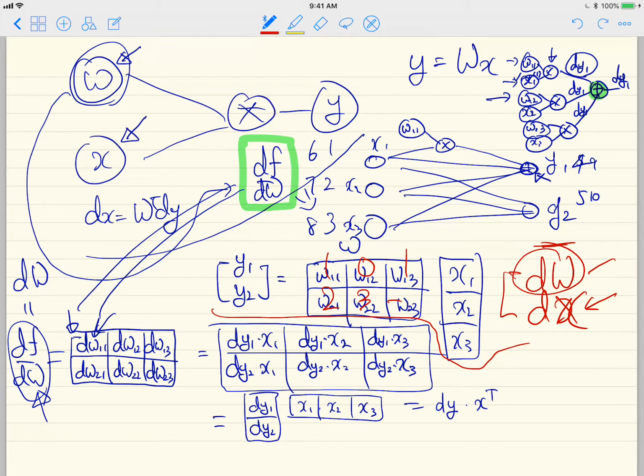But what about dx? Do we need to compute dx at all? If it was our initial input node, we wouldn't need to compute the gradient with respect to x. But in general, this fully connected layer can be placed in the middle of our entire network, right?